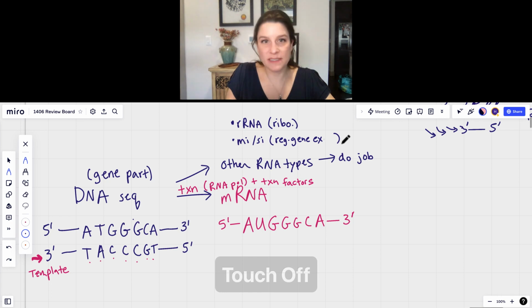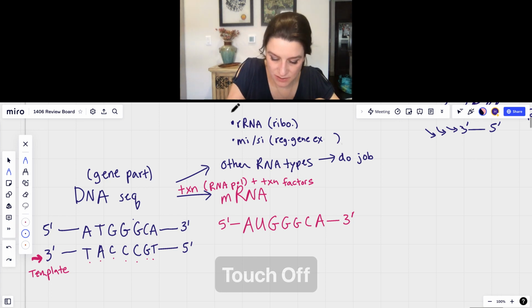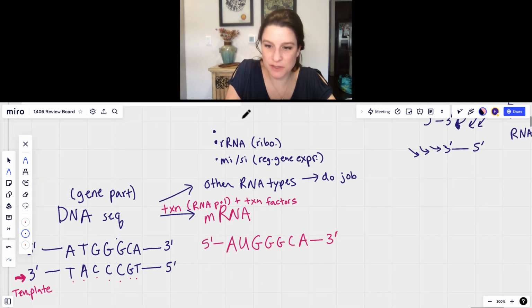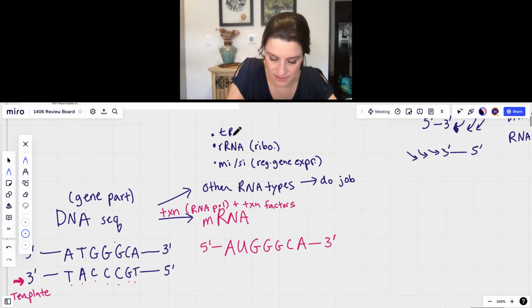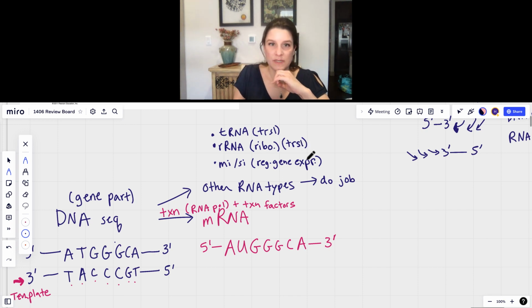We've got micro and siRNAs that regulate gene expression. PiRNAs and lncRNAs can do stuff like that too. We've got tRNAs that help with translation. Etc.